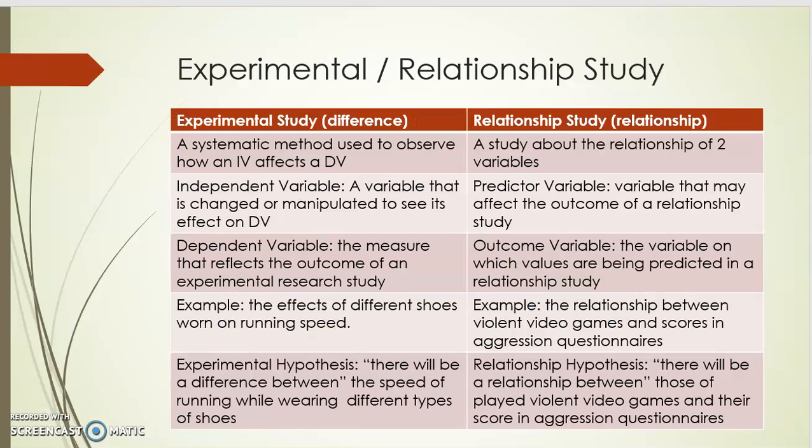If you remember, the relationship between violent video games and the scores in aggression questionnaire. So the relationship hypothesis that we can formulate is there will be a relationship between those who played violent video games and their score in aggression questionnaires.